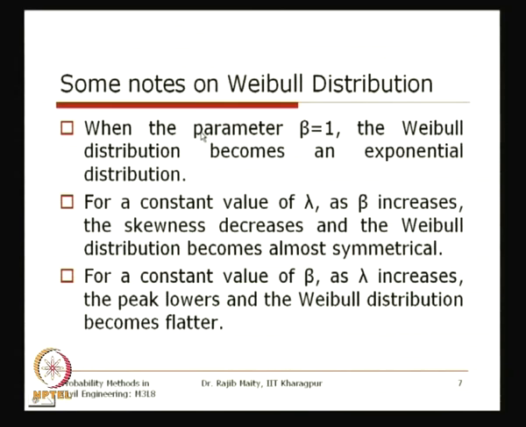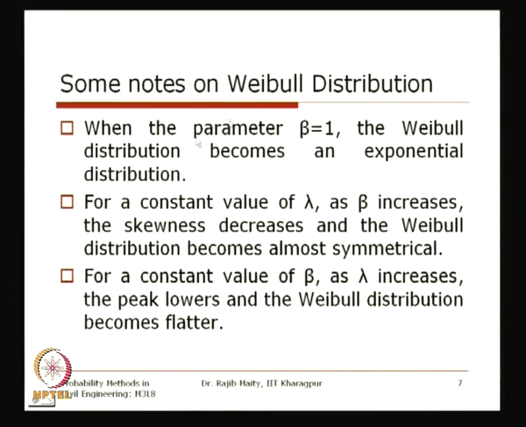Some notes on what we just discussed. The first note is that when the parameter beta equals 1, the Weibull distribution becomes an exponential distribution, which we just discussed. Now, we want to see the effect of the parameters, both lambda and beta. If we keep one parameter constant and increase the other, what will be the effect on the shape of the PDF of the Weibull distribution?